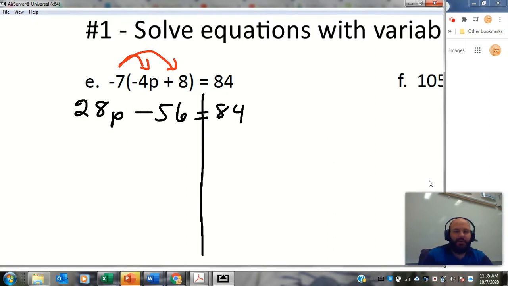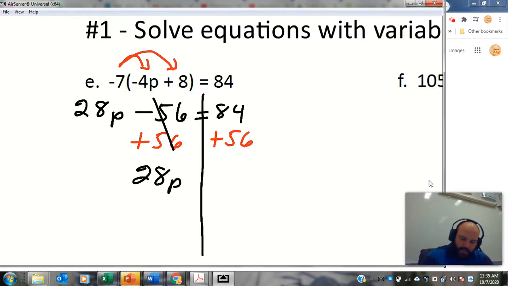In this case, there are not. There's only one 28p. So now we can just proceed to solve for that 28p. And the way that we're going to solve for that is we're going to add 56 to both sides. And you can see that the 56 cancel. I'm left with 28p equals, and 56 plus 84 ends up being 140.